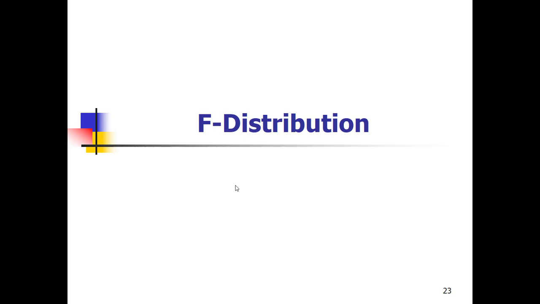The F distribution is a similar process that we will use to compare the accuracy, the precision, of two samples. And you know that accuracy or precision can be represented by a standard deviation. So in the F distribution, we compare the standard deviation of two samples.